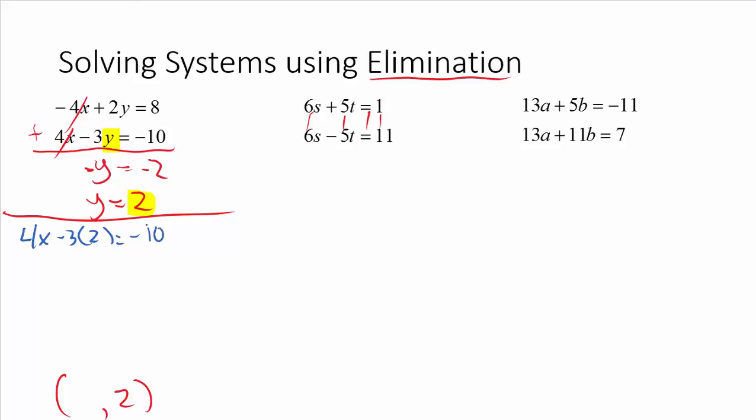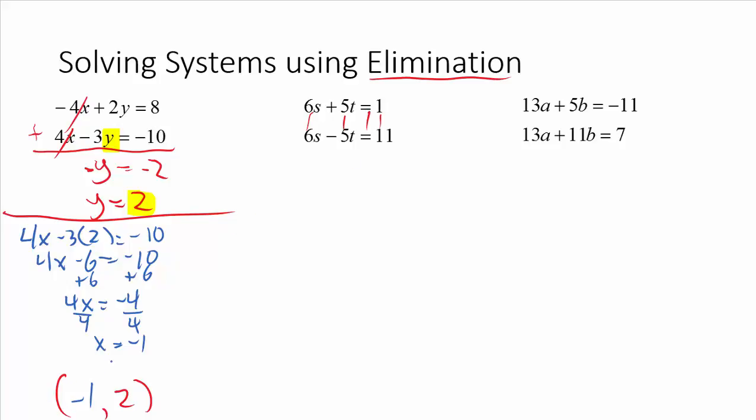Equals negative 10, and now from here we'll get 4x minus 6 equals negative 10. All I've got to do from here is add the 6 over, so I get 4x equals negative 4, and if I divide by 4 on both sides, we should get x is equal to negative 1. So the ordered pair that these two lines cross at is negative 1, 2.